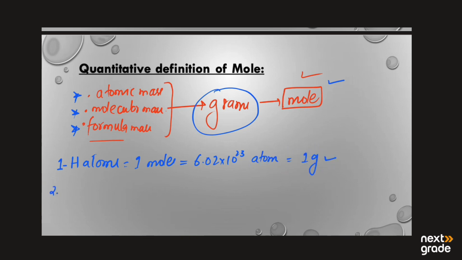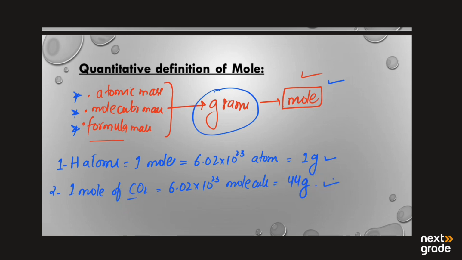And 1 mole of carbon dioxide has 6.02 × 10^23 molecules, and it is equal to 44 grams.